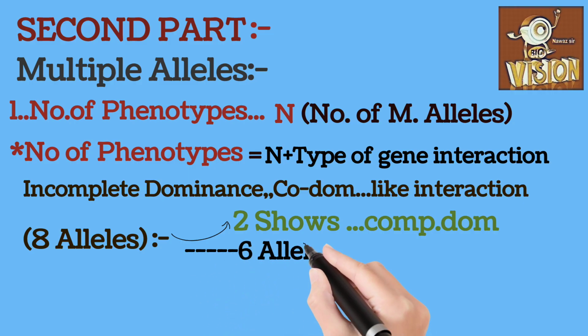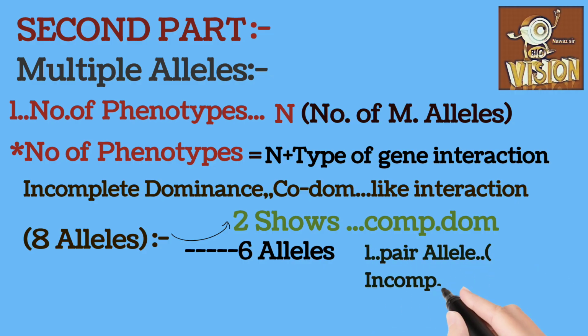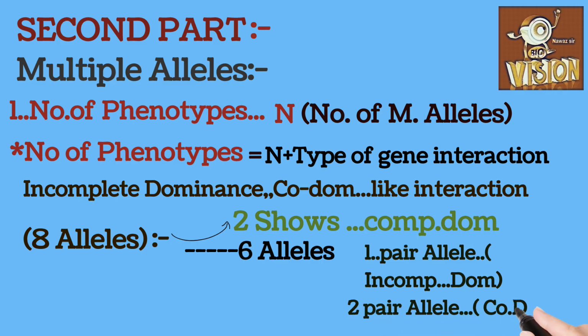Among the 6 alleles, one pair shows incomplete dominance. This is the first gene interaction present. Of the leftover alleles, 2 pairs show codominance. This is the second gene interaction. Now we can say in 8 alleles we have 2 gene interactions, 1 incomplete dominance and 1 codominance interaction. We can normally apply formula number two to calculate the phenotypic ratio. Hope you got the concept.